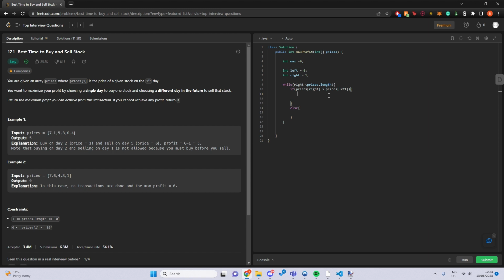So in this operation, if it is greater than, then we want to check if it's more than our max to see if we need to update it. So if prices right minus prices left is greater than max, then we want to make max equal to right minus left. Great.